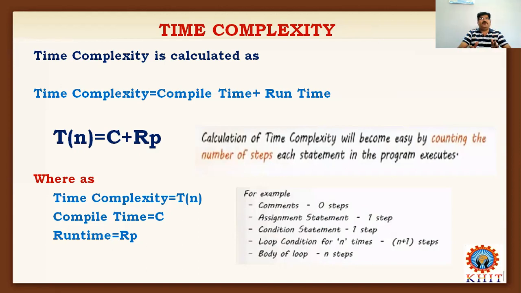If the condition is true, it will be executed n times. If the condition is false, it takes one more time, so in total a for loop is executed n plus 1 times. In this way, we can calculate the time complexity of the given algorithm.